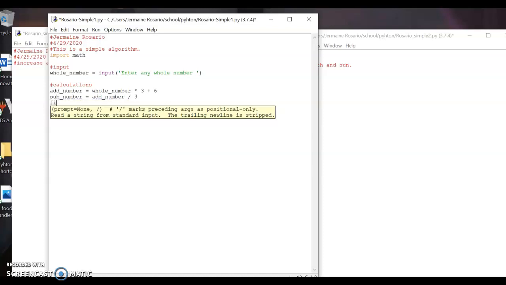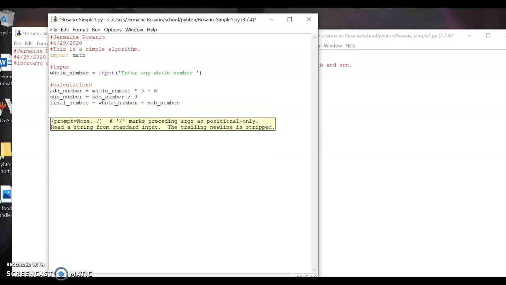So the final number will be the whole number subtracted by the equation that we did. So then we set it up to print.